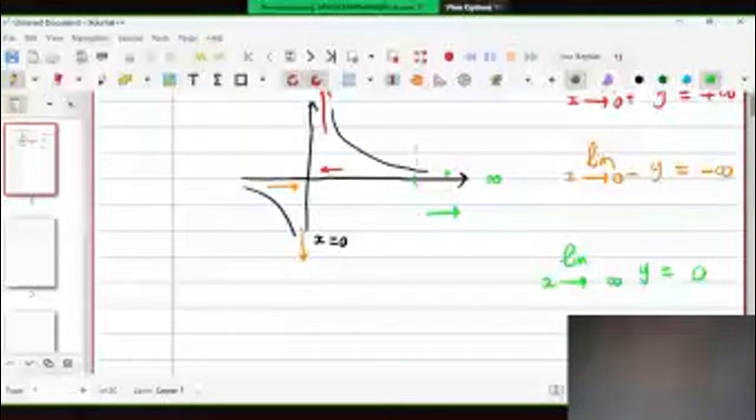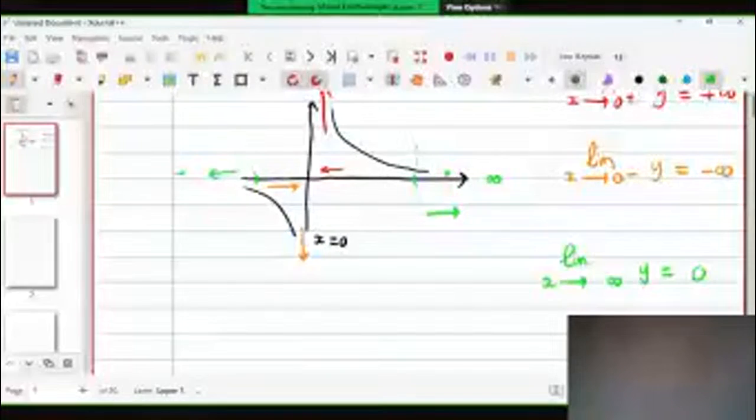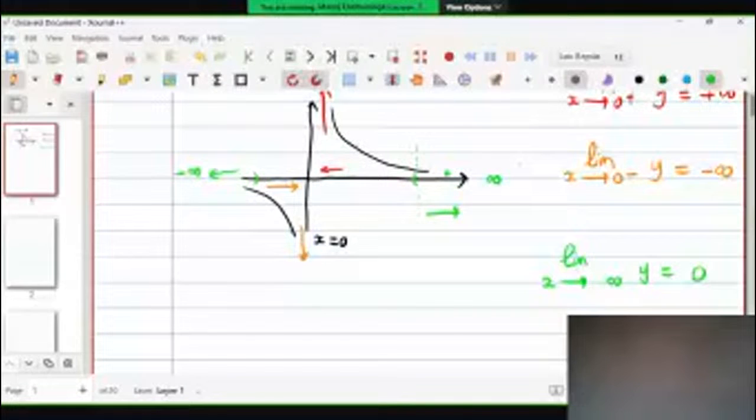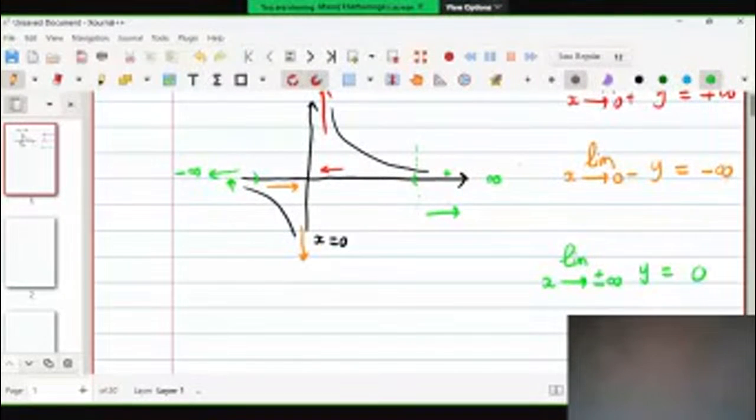The same thing happens for very large negative numbers. When we go to negative infinity, again function values are now increasing up to 0. So this thing happens as x goes to positive infinity, and also as x goes to negative infinity.